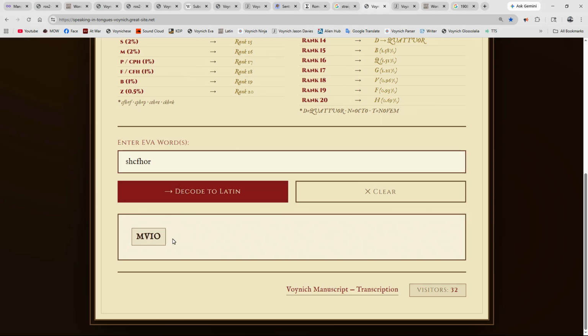You get MVIO. So that's 1006 October. October is the birthday month. O is an abbreviation for October, and MVIO is 1006, 11th century, and that's when a supernova was happening.